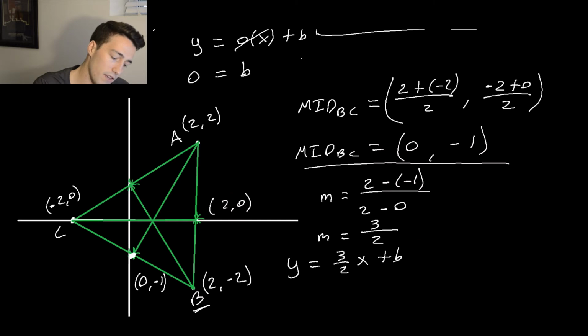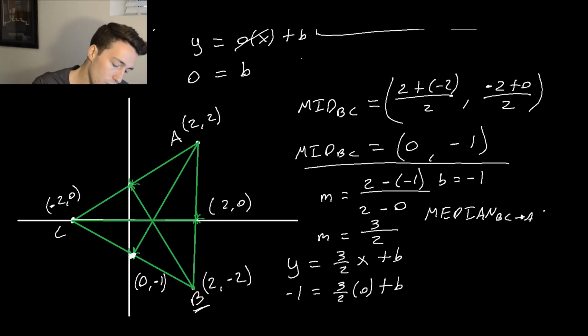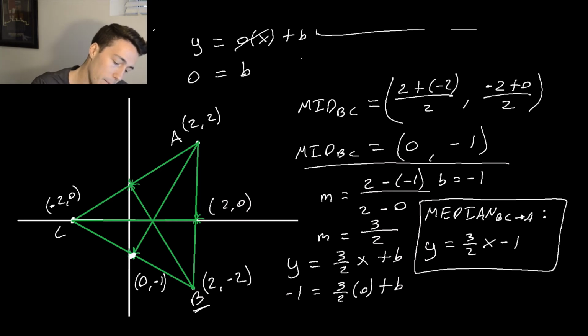If I plug in this point here, I'm going to get negative 1 is equal to 3 over 2 times 0 plus b. So our b value is going to equal negative 1. And now we can write our entire equation of median BC to A, and it will equal y is equal to 3 over 2x minus 1. So that is the third and final median.